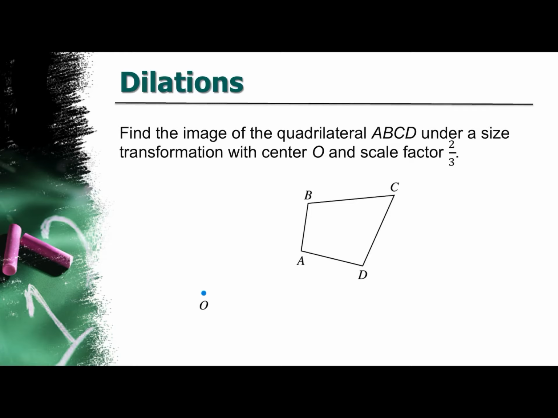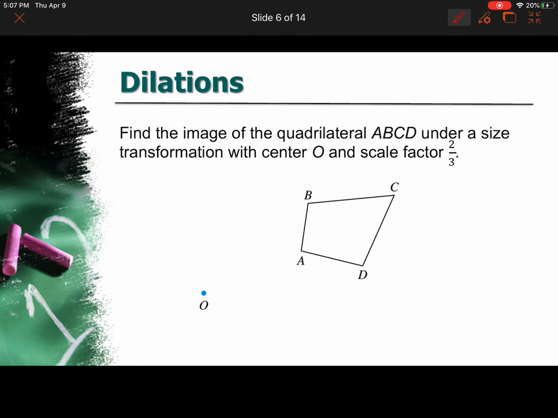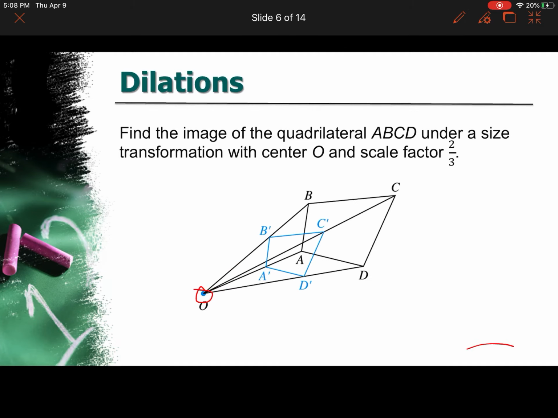So let's just look at what we have to do here. If we have a center and we draw the line from O through each one of those points, and then we mark the line at 2/3, because that's the scale factor, that is going to give us our new figure.